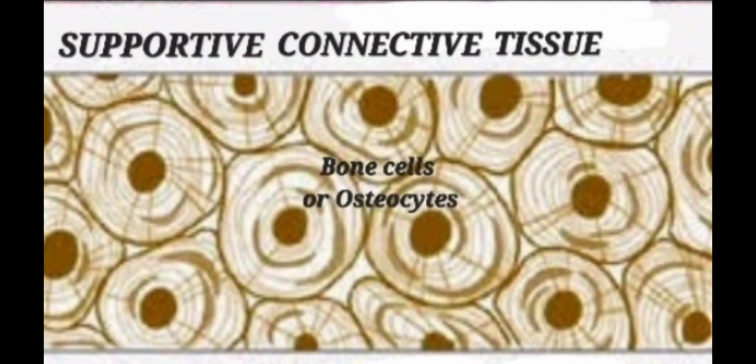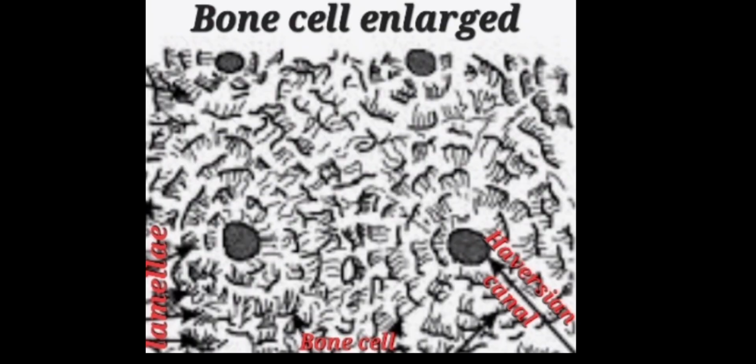Next, it is a bone. They are much harder than connective tissue proper or the cartilage. The matrix in the bone is present with lots of collagen, but they also contain a good amount of inorganic salts of calcium in it.